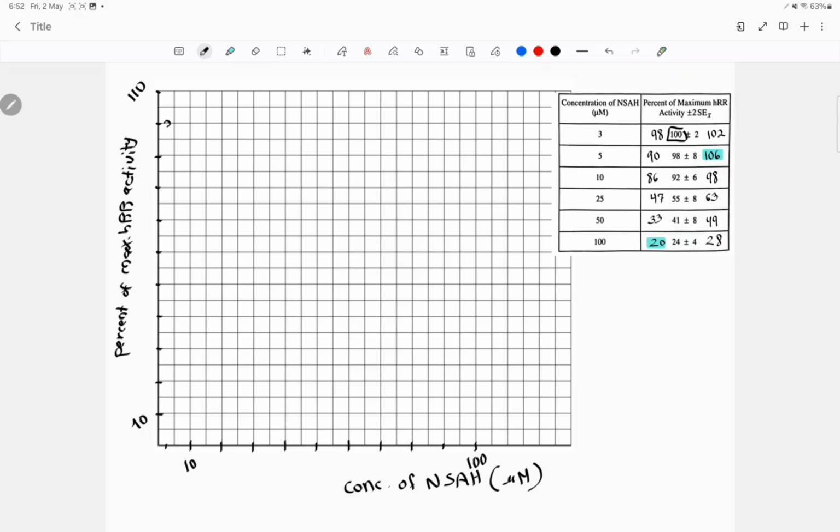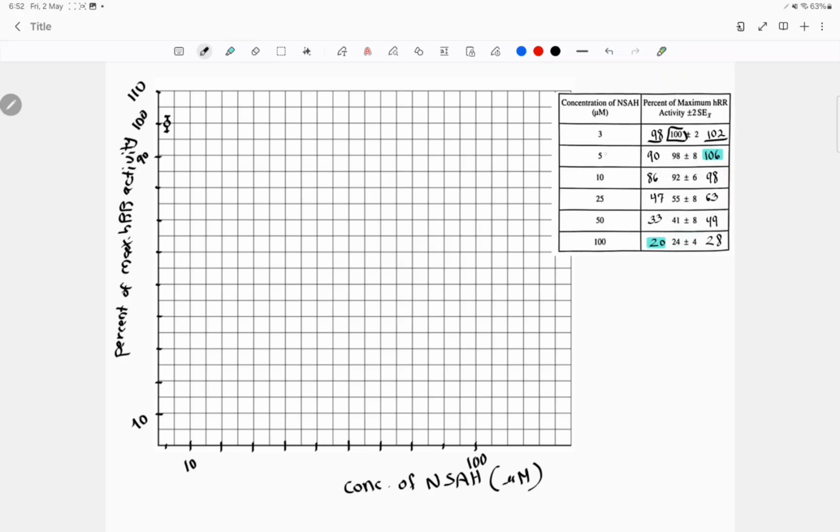So I'm going to do this. How about the error bars? It's going to be a line graph. Yeah, we were told to do that. 90 to 102. That's 100. That's 90. So 98 to 102, and connect them. That's my first point.